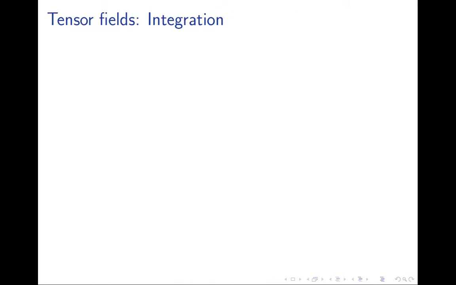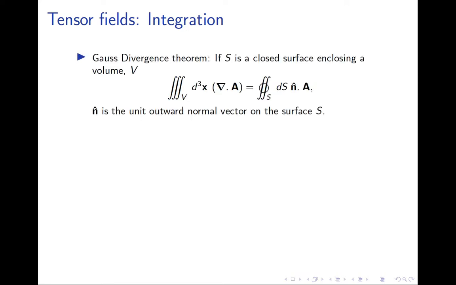Now we need to learn about two prominent theorems, which are basically the generalization of the fundamental theorem of calculus, the very first thing you learn in integral calculus of definite integrals. We need to do this analogous thing here for multivariable.